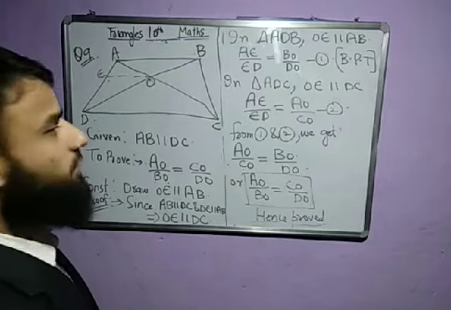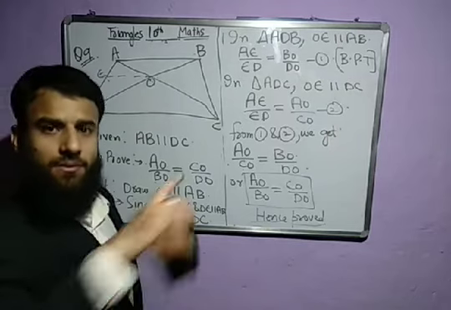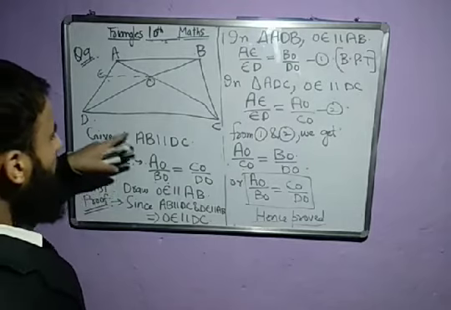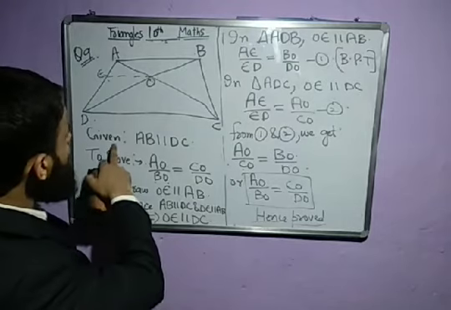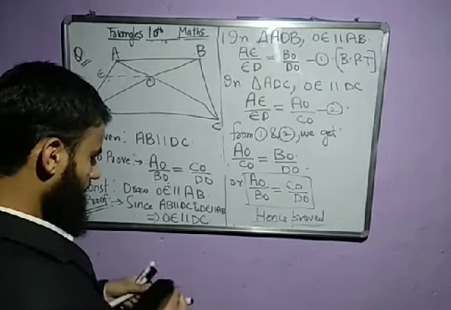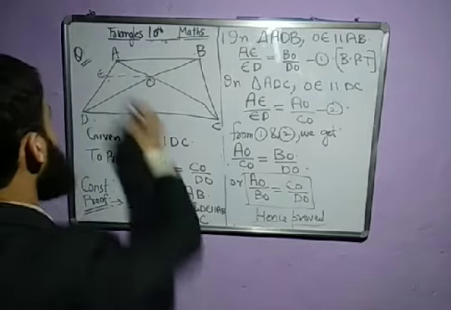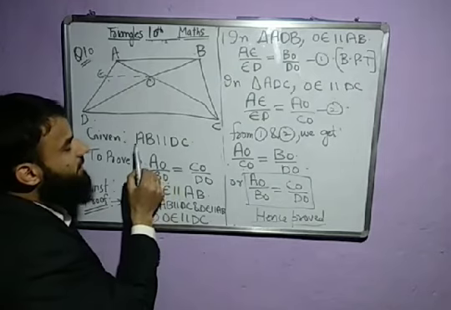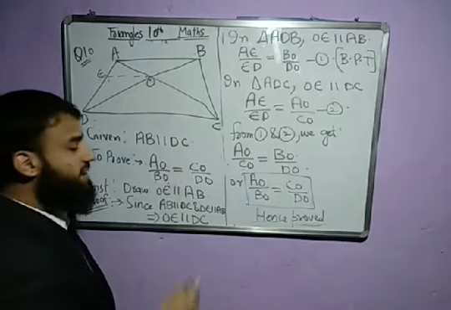Now there is a question number 10 which is just the inverse, just opposite to question number 9. Let's write it, question number 10. See, in question number 9 we were given that AB is parallel to DC. Now this is opposite.